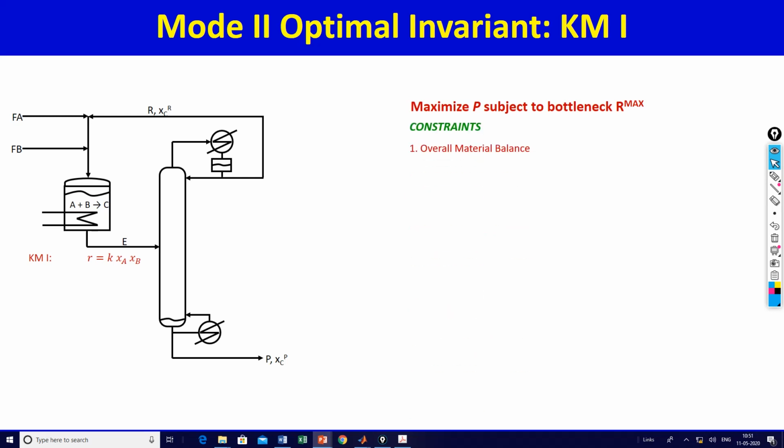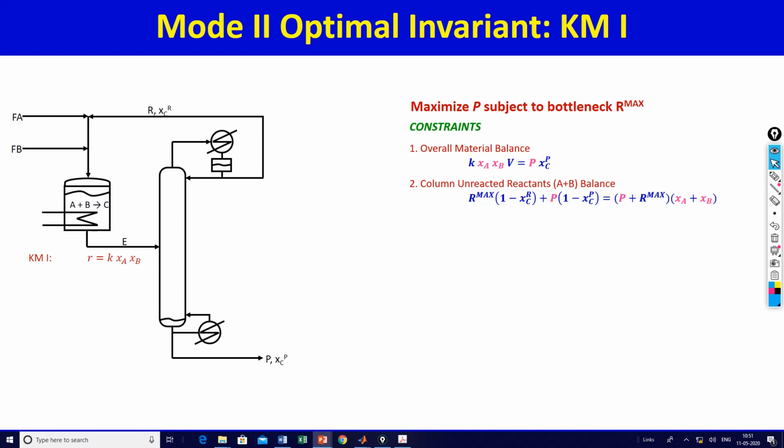Constraints as usual: the overall material balance, and note, in this case P is a variable. Then the column unreacted reactants material balance, that's as follows. Note here that R max is a specification now, it's not a variable. You are at R max and R max is fixed.